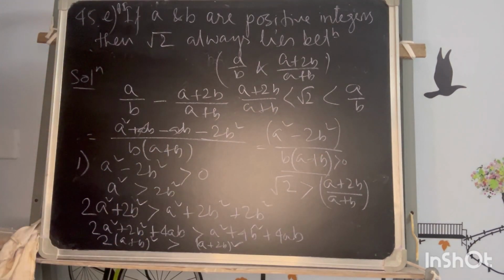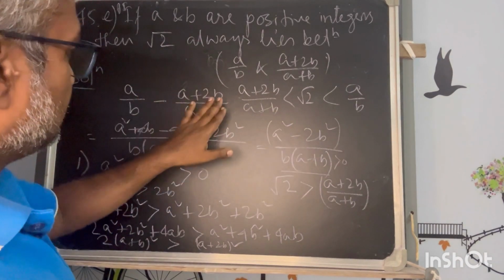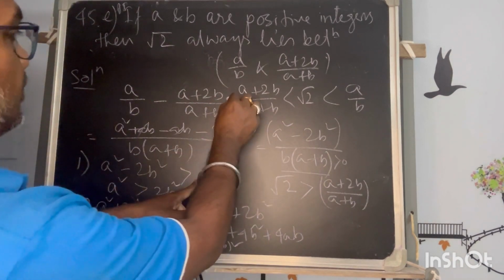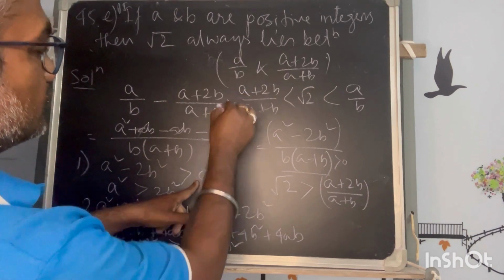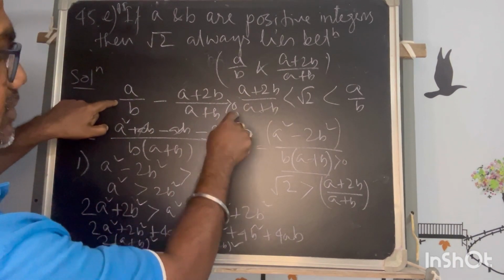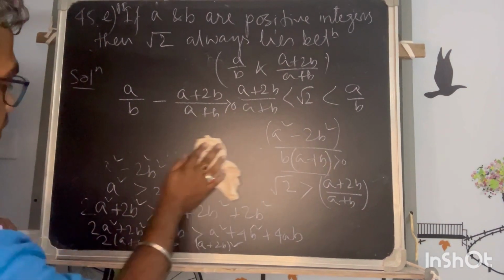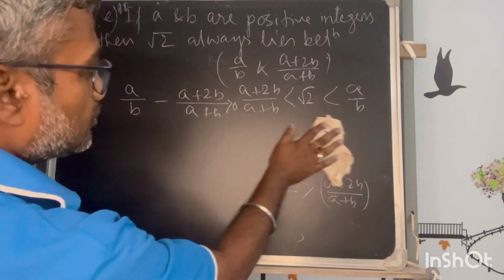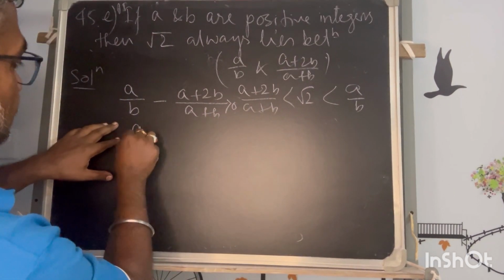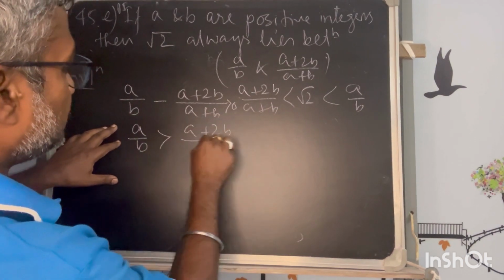Now similarly in this case I have assumed this is greater than 0. For that this is greater than 0. Now if it is greater than 0, for this also to be greater than 0. So now how can I tell out of this which one is higher? So now if it is greater than 0, you can say a by b greater than a plus 2b by a plus b.